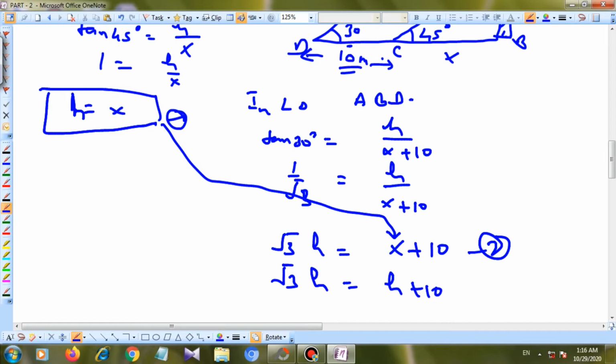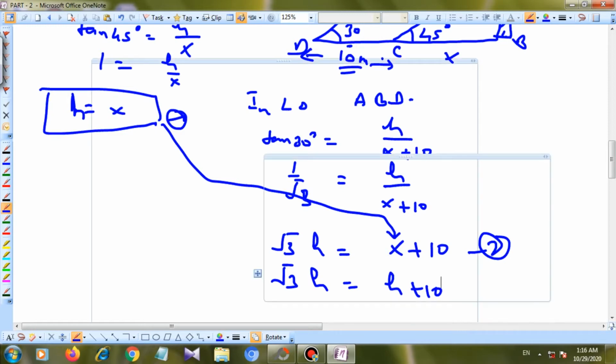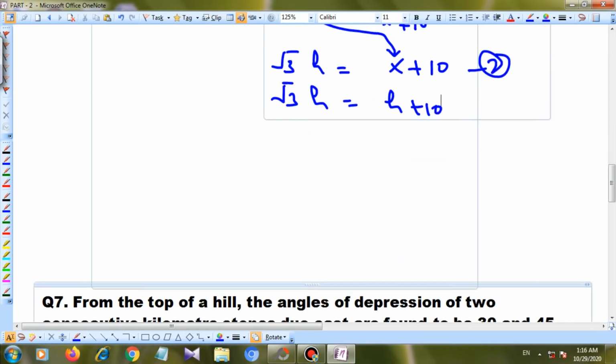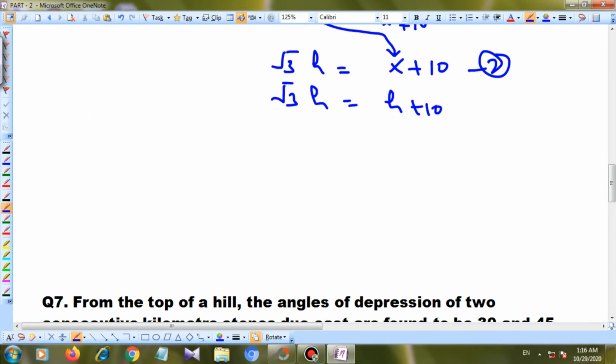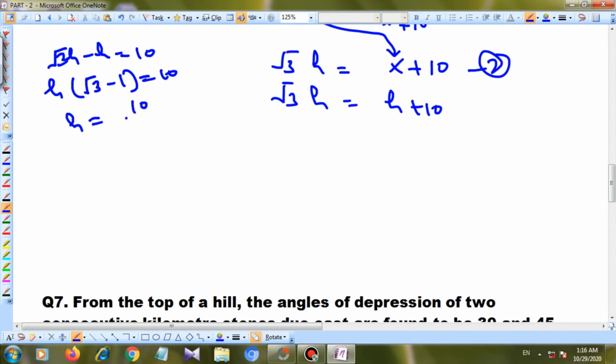When you transpose h towards root 3 times h, then you will get root 3 times h minus h equal to 10. Taking h as common, you will get h times root 3 minus 1 equal to 10. Then h equal to 10 upon root 3 minus 1.